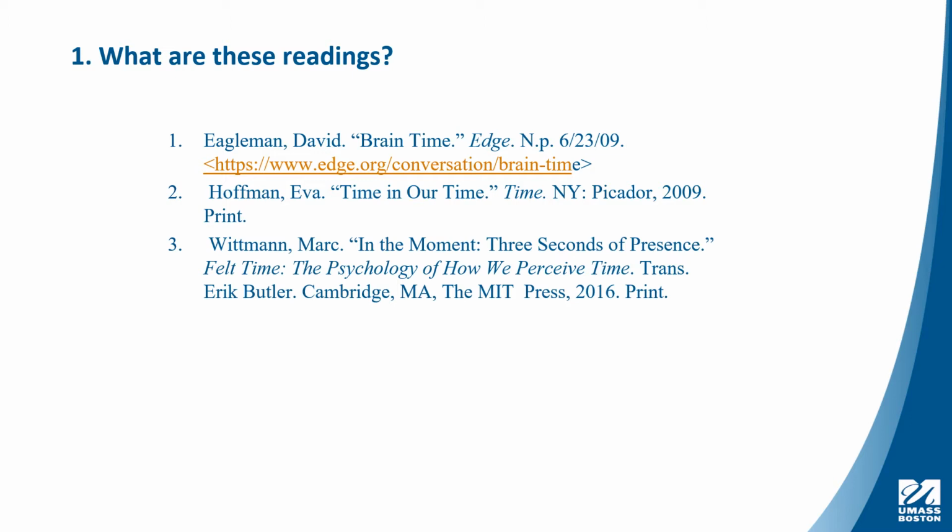This 2009 article that we're using here, titled Brain Time, was written for an online journal called Edge. That journal's mission is to represent the frontiers of knowledge in the areas of evolutionary biology, genetics, computer science, neurophysiology, psychology, and physics.